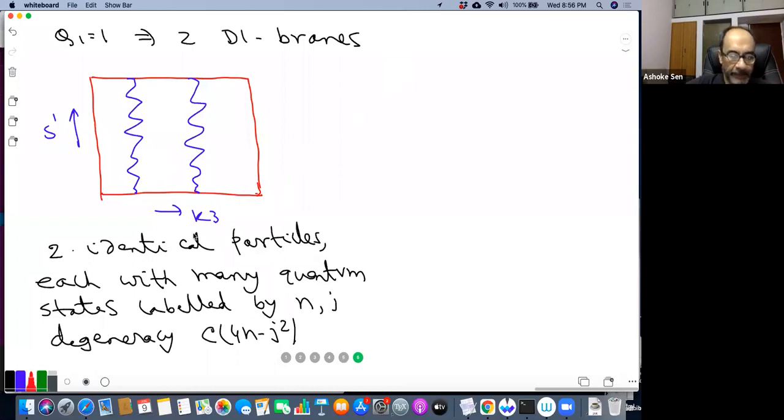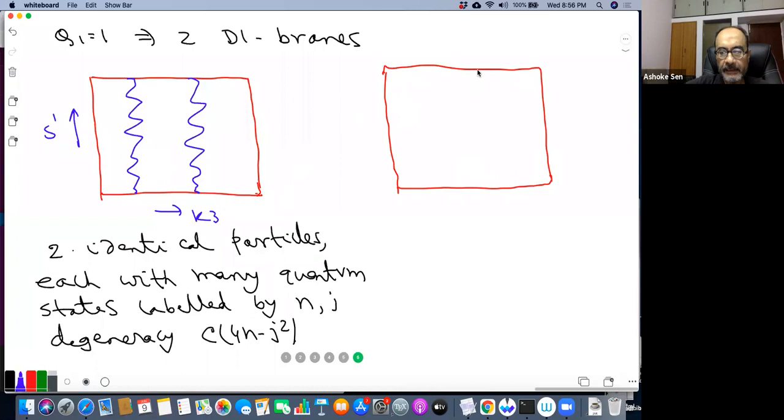There is another configuration, which is a single D1 but wrapped twice. This is twice winding, so you go like this. It's not periodic.